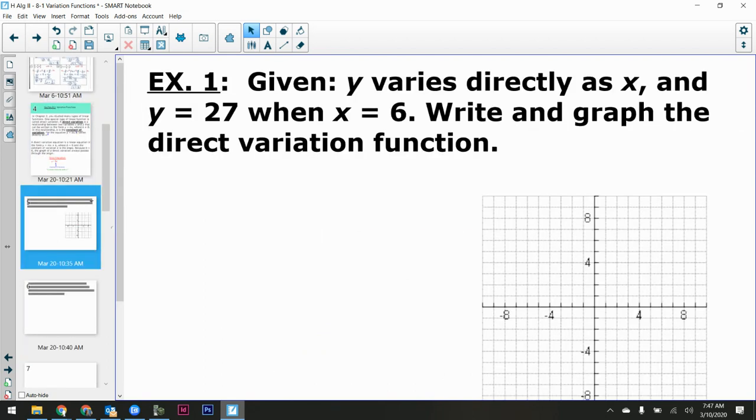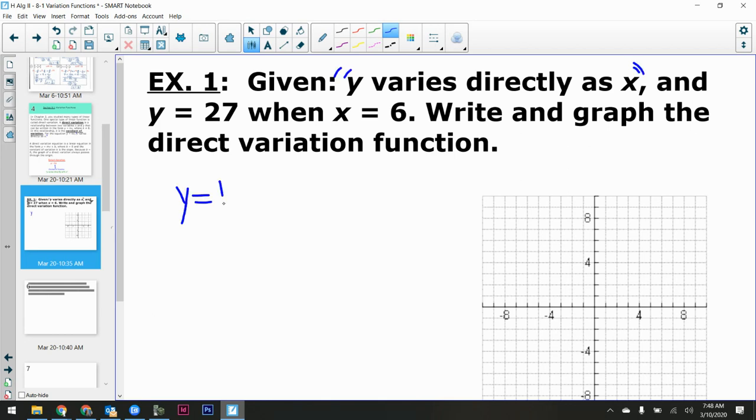Given y varies directly as x and y is 27 when x is 6, write and graph the direct variation function. This could have been on my Algebra 1 Chapter 5 test. Given y varies directly as x, this phrase tells me that I have the equation y equals kx. What's unique is the next phrase gives you a full ordered pair: y is 27 when x is 6.